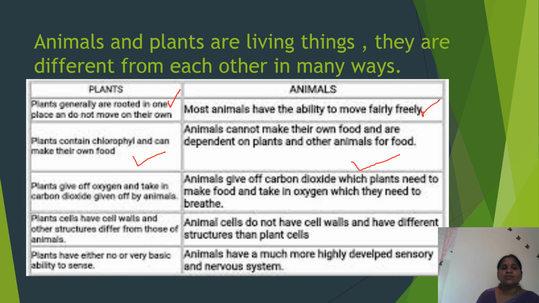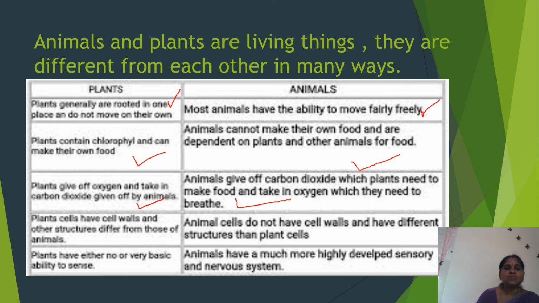Next difference: plants give off oxygen and take in carbon dioxide given off by animals. The carbon dioxide that animals release is taken by plants to prepare their food. Animals take in oxygen, which they need to breathe. After making food, plants release oxygen, and that oxygen is taken by animals.